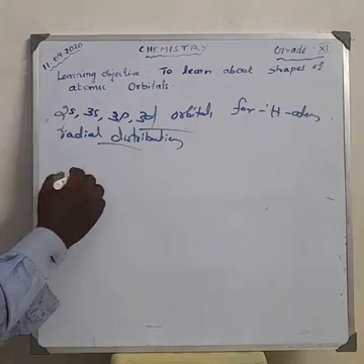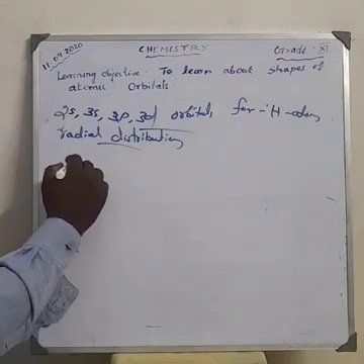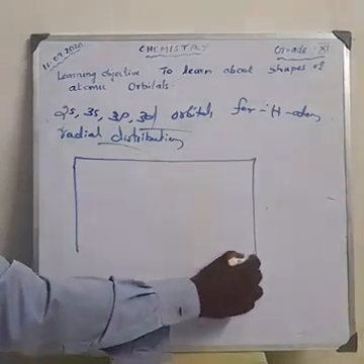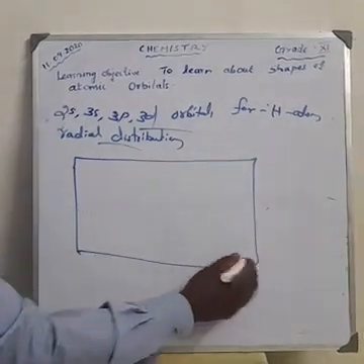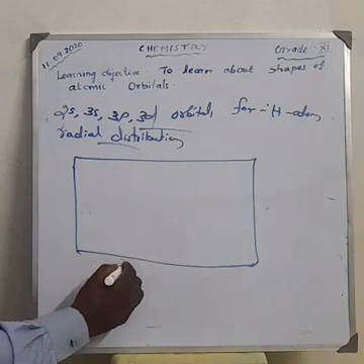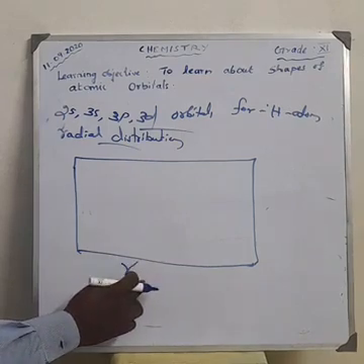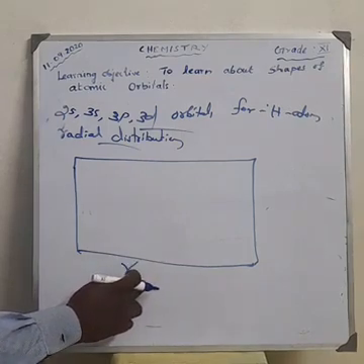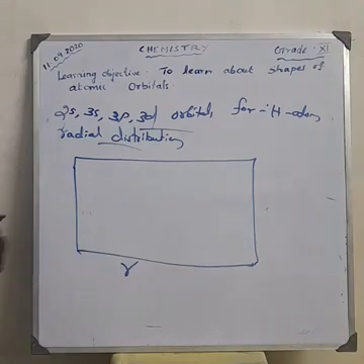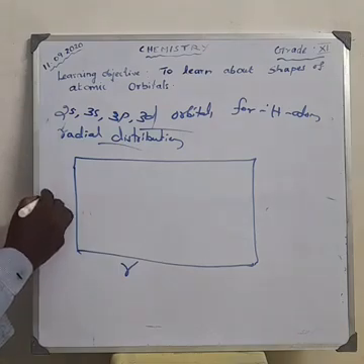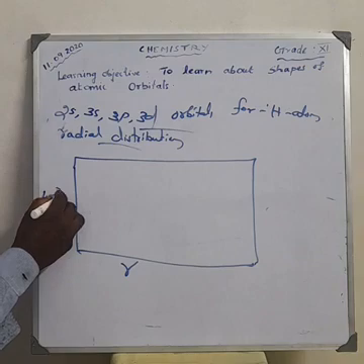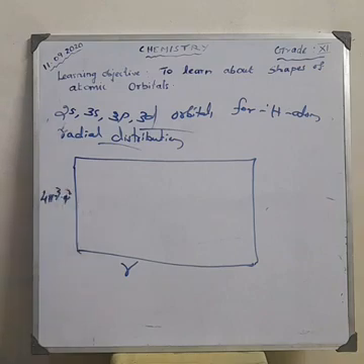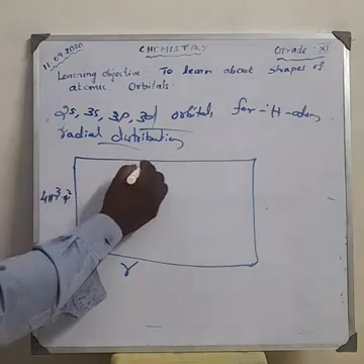Here we are plotting a graph versus radius, in units of Bohr radius, and we are also taking 4πr²ψ². This is for the 2s orbital.